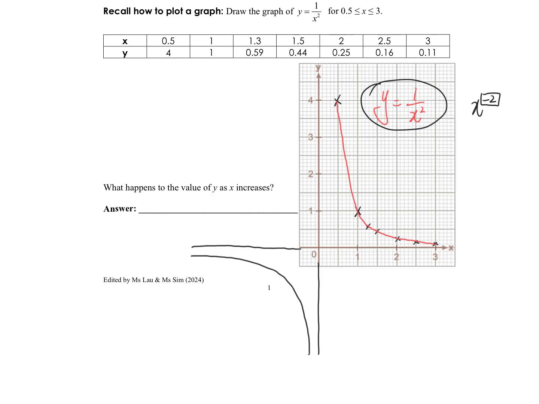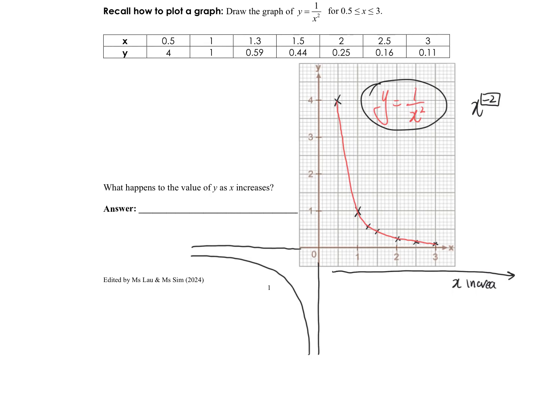Yes. Okay? So they ask you to observe what will happen to the value of y as x increases. So when x becomes bigger and bigger, what happens to the value of y? It becomes smaller and smaller until it is almost touching the x-axis.